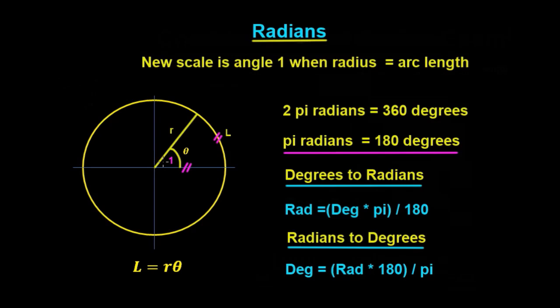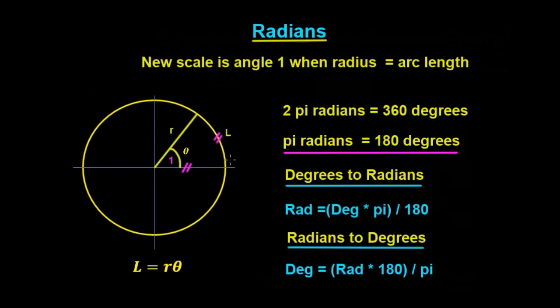But we've also seen that there's a useful way of choosing this angle of 1, and that leads to the measurement in radians. So we say that 1 radian is the angle subtended by an arc which is equal in length to the radius. So I'll say that again. 1 radian is the angle subtended by an arc which is equal in length to the radius.